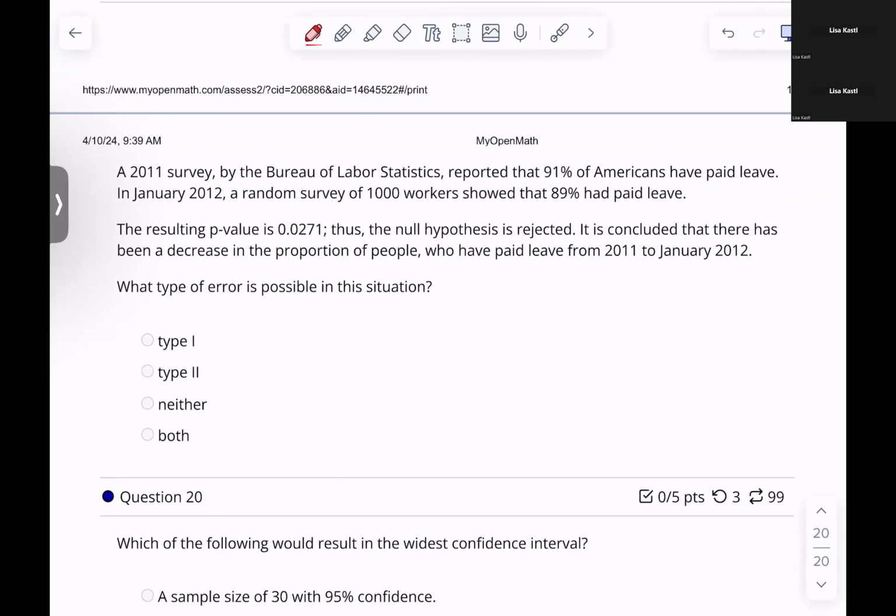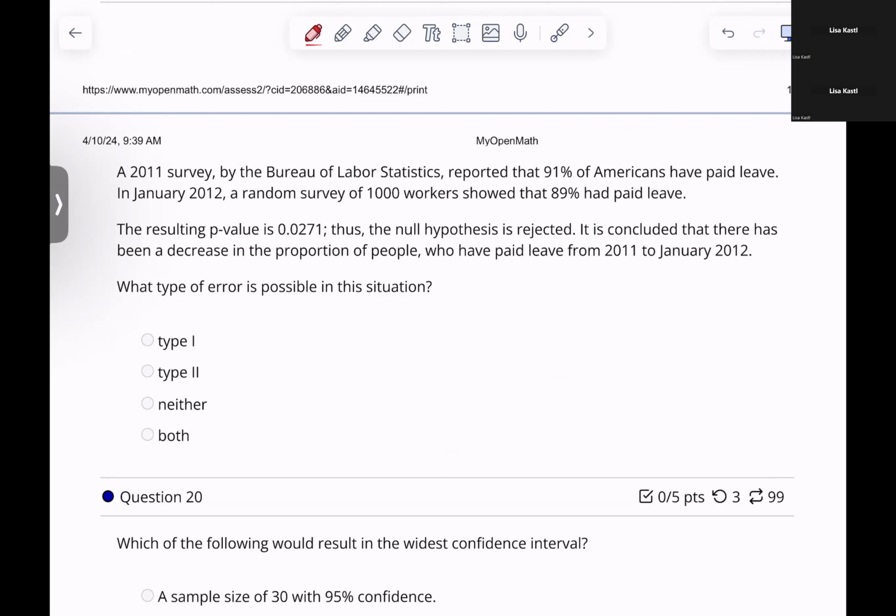A 2011 survey by the Bureau of Labor Statistics reported that 91% of Americans have paid leave. In January 2012, a random survey of 1,000 workers showed that 89% had paid leave. The resulting p-value is 0.0271, thus the null hypothesis is rejected.